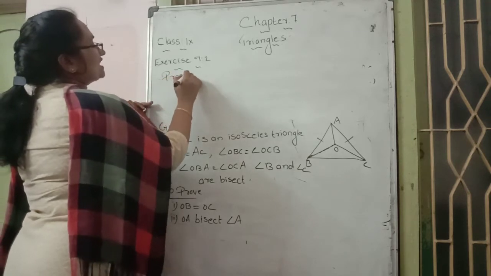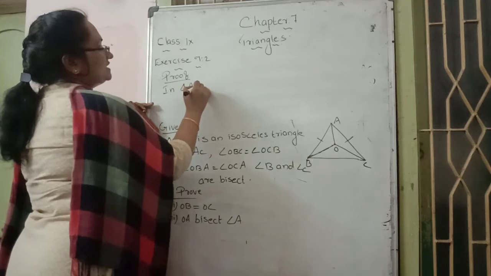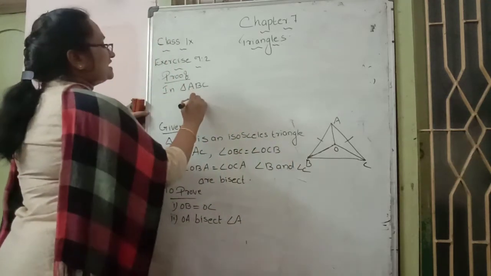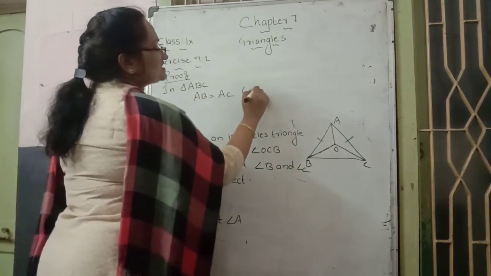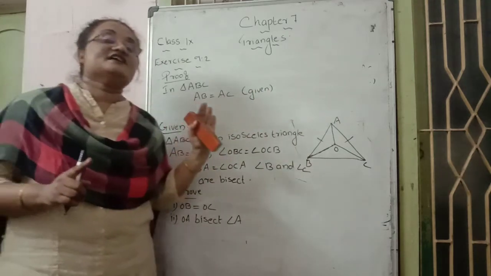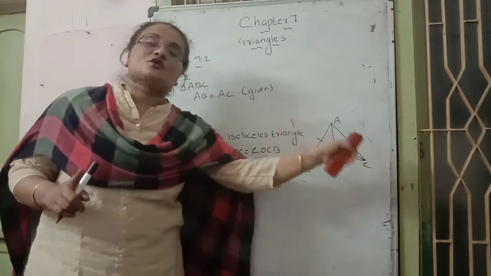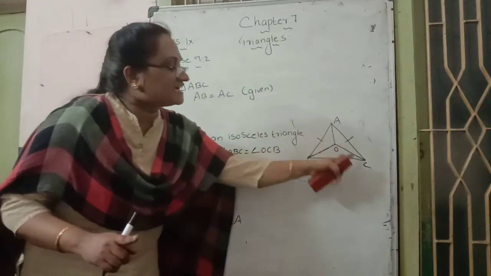How can we start the proof? We consider our triangle ABC. What information can we say? Side AB is equal to side AC. It is given in the question. Earlier we learned the property that angles opposite to equal sides are also equal. Which are the angles opposite to AB and AC?